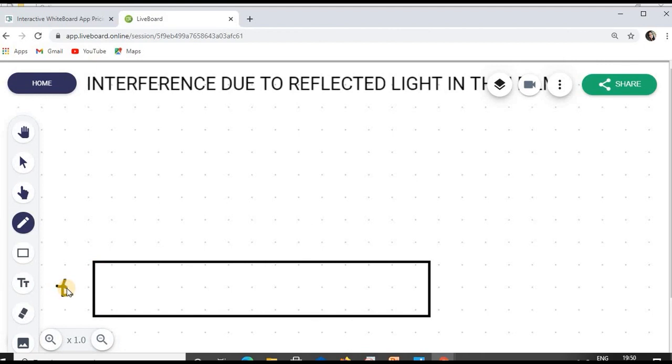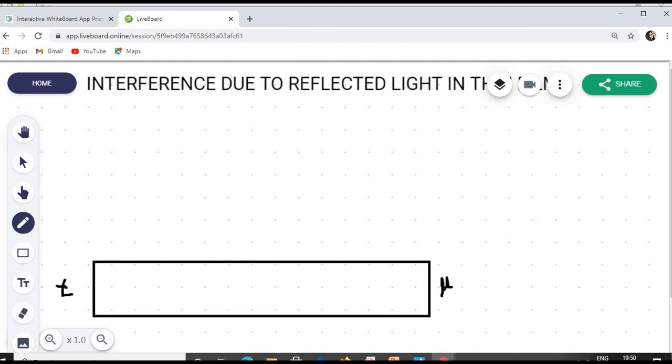This film is bounded by 2 plane parallel surfaces, and the refractive index of the material of the film is represented as mu, and the film is surrounded by air having refractive index 1.